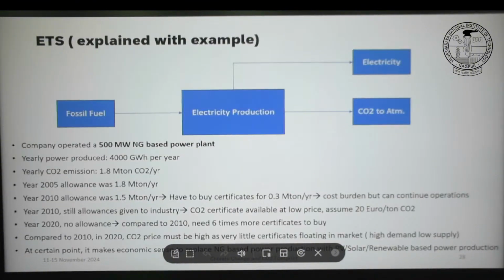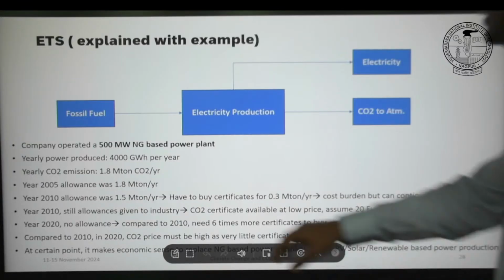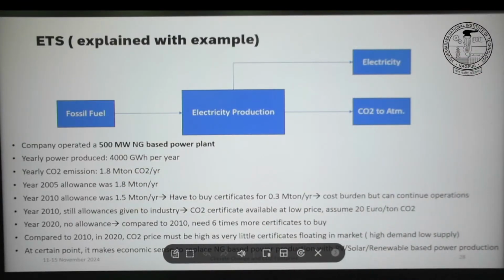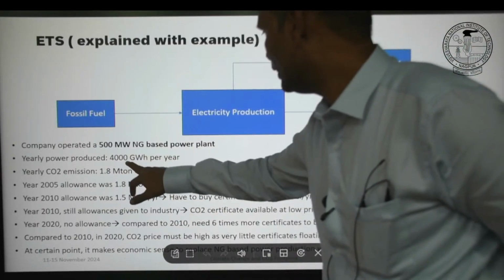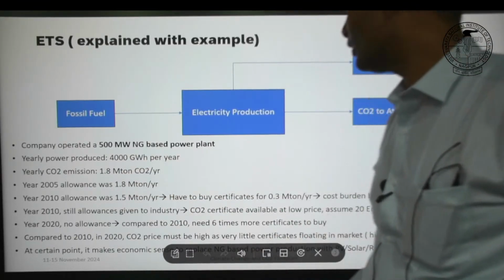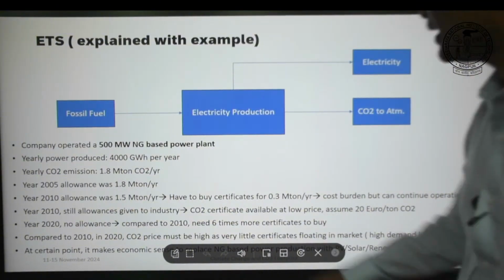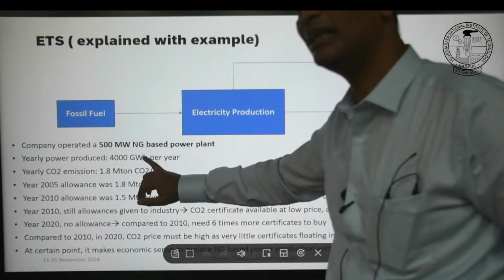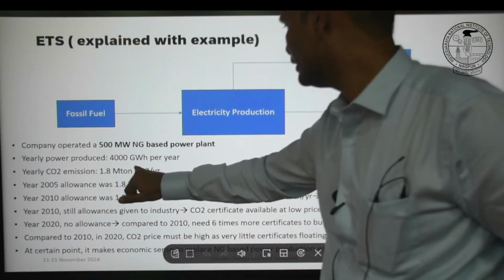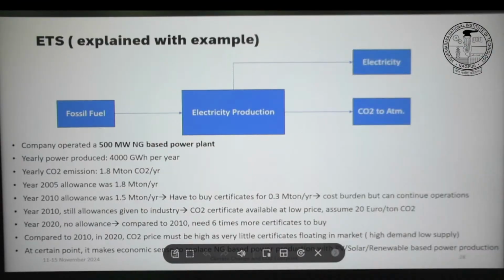So let me try to explain this with an example. Say you are a power plant operator running a 500 megawatt natural gas-based power plant, producing 4,000 gigawatt hours of power yearly. With the number we had earlier in mind, 470, that's the amount of CO2 you release every year, in 2005, before the ETS.